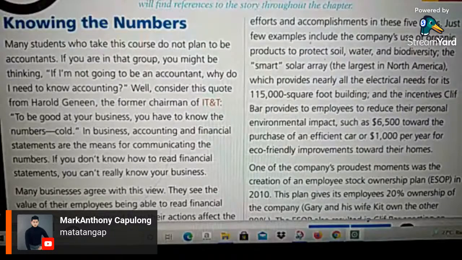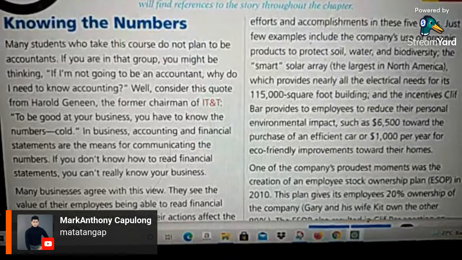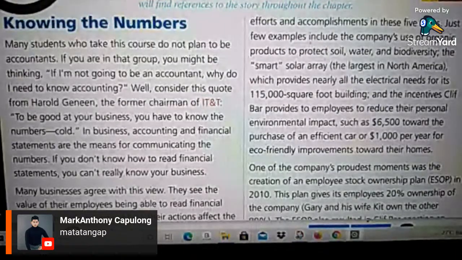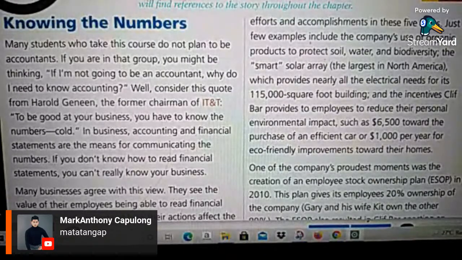So there is a maximum. The employee can insist that he be paid in paper bills. And what happened to the viral incident? That is in Valenzuela City. The company is in Valenzuela, and the Valenzuela local government immediately suspended their business permit, because the company did not agree to the law.